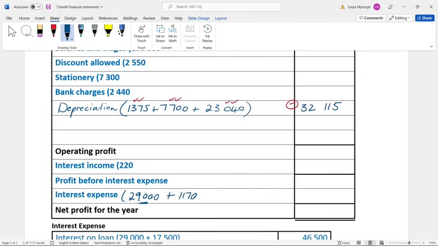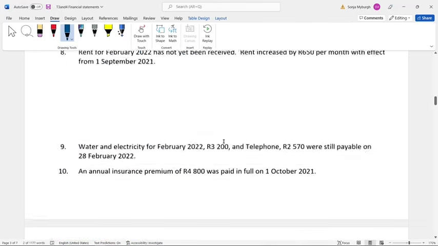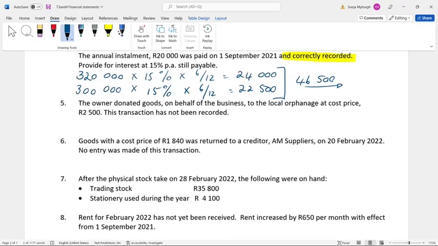So there is an accrued expense of 17,500 that we must still pay. 29,000 plus 17,500 will give you that 46,500. Accrued we add. Okay, so that was the interest on the loan that we had to calculate.